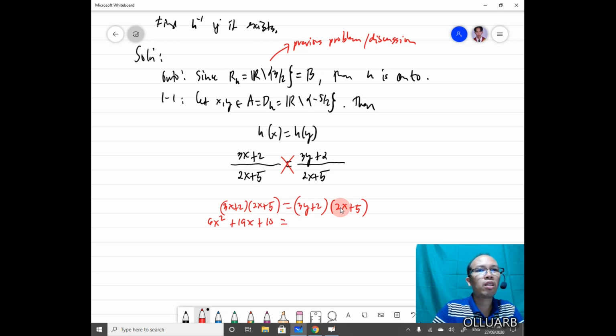Also here we have, no, I guess I made a mistake again here. This should be 2y plus 5. I'm sleepy. 6y squared plus 4, 15, so 19y plus 10.